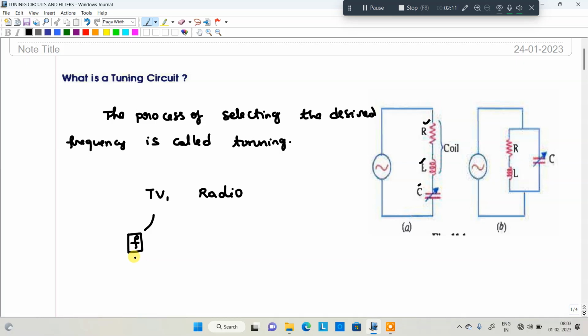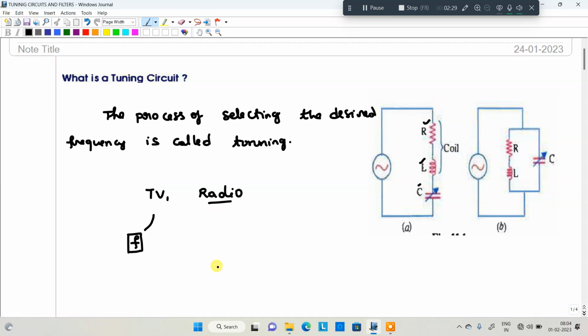With the help of the tuning circuit only, we select the channel we want, and we can resonate that frequency to the channel frequency. Then our TV channel gets adjusted.